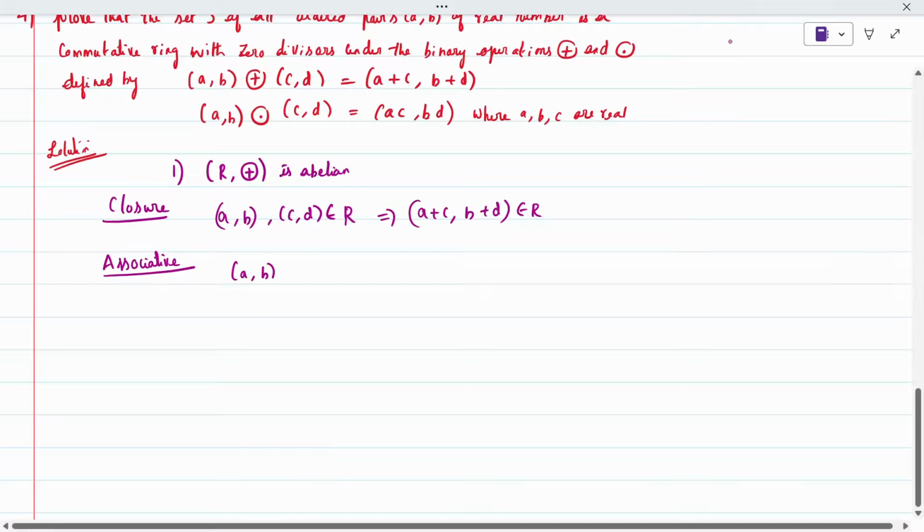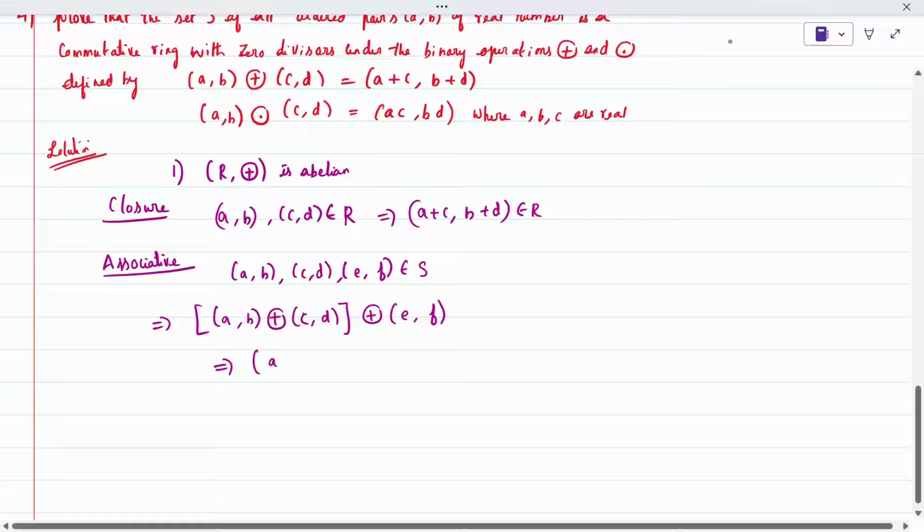Associative: take (a, b), (c, d) and (e, f) belonging to the ring. Then (a, b) plus ((c, d) plus (e, f)) ... on the left hand side, (a plus c, b plus d) plus (e, f) gives (a plus c plus e, b plus d plus f). That is the left hand side.